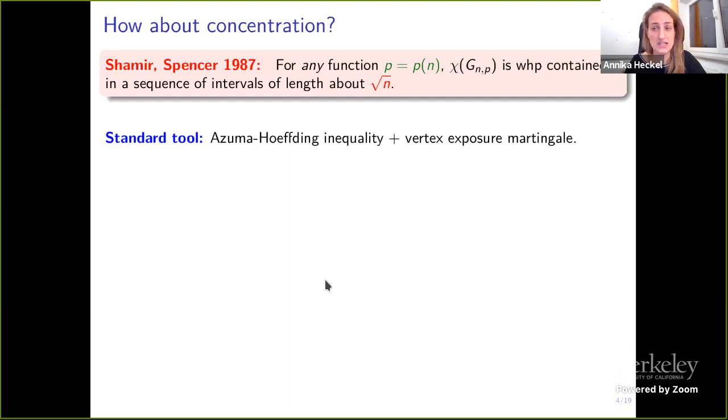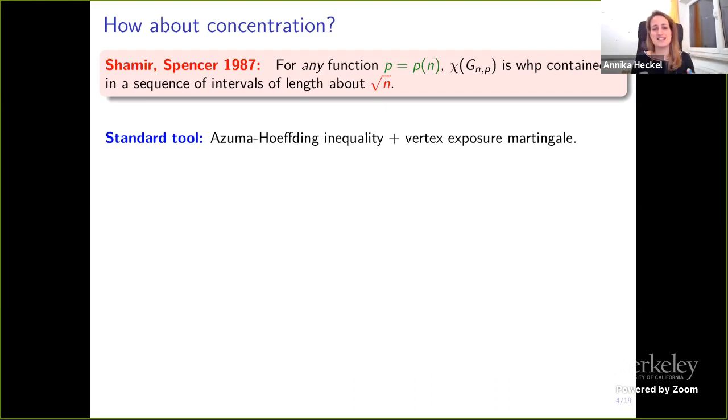For this, they used what is now a completely standard tool: martingale concentration inequalities combined with the vertex exposure martingale, where step by step you reveal the edges of G(n,p) and generate a martingale that way.